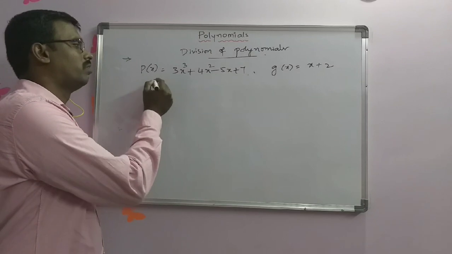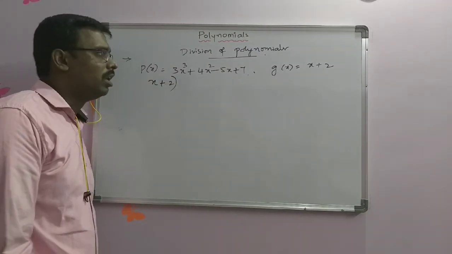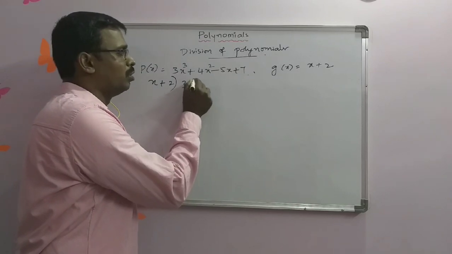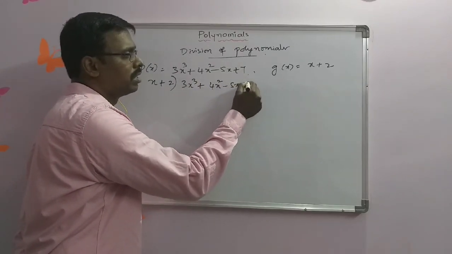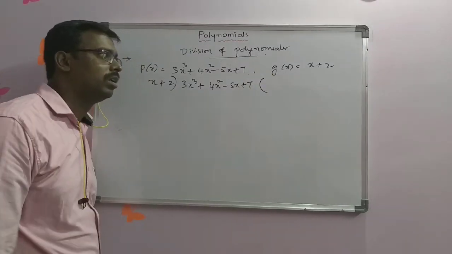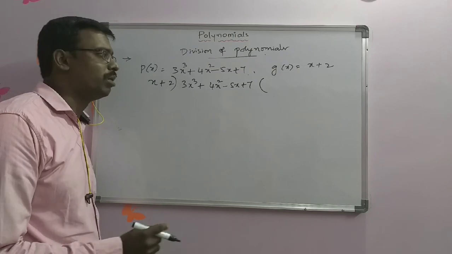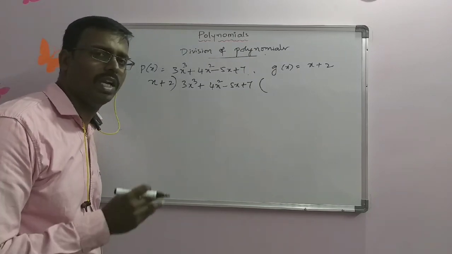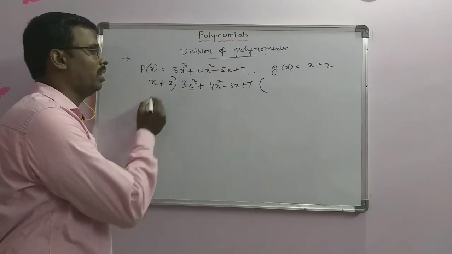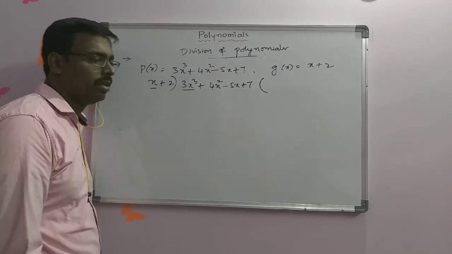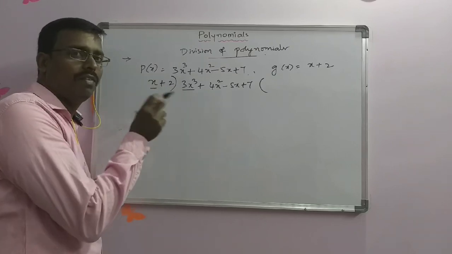First I'll take the divisor on the left side, and the dividend, that is 3x cube plus 4x square minus 5x plus 7. Now, how will we divide it? There is a simple process that you have to follow for every step. Take the first term of the dividend and the first term of the divisor and divide them.